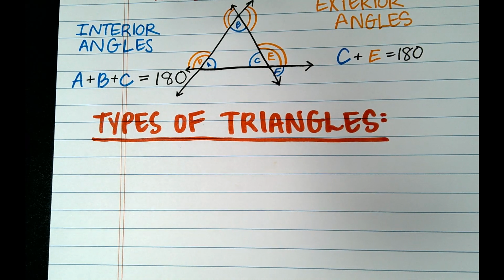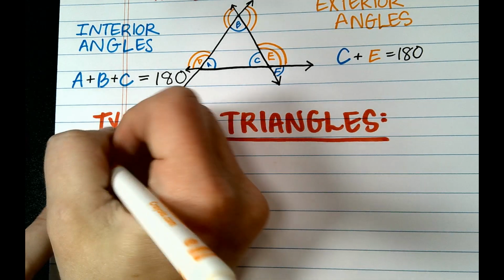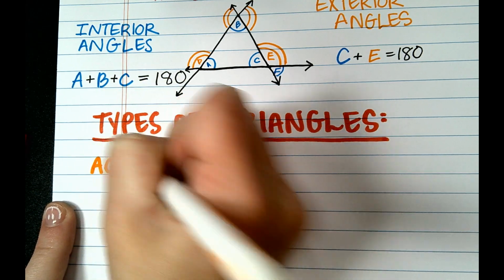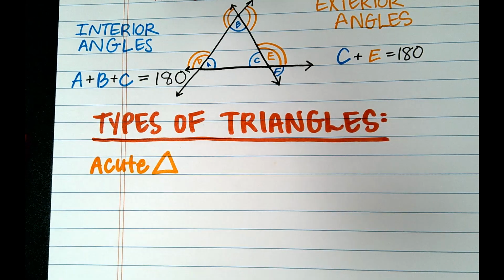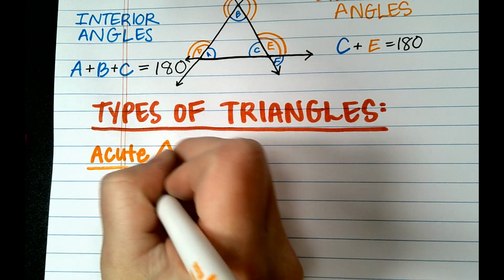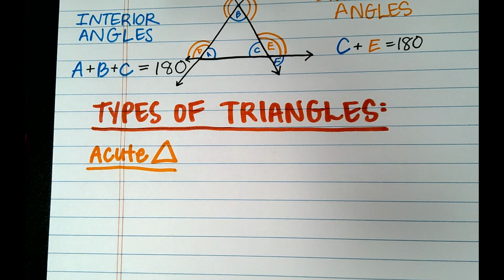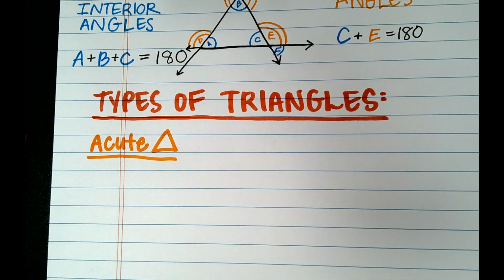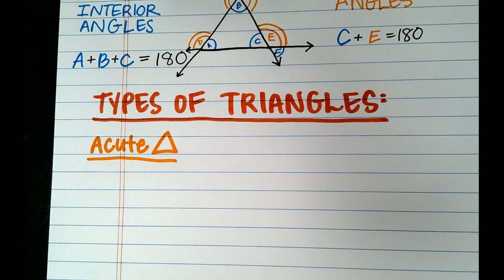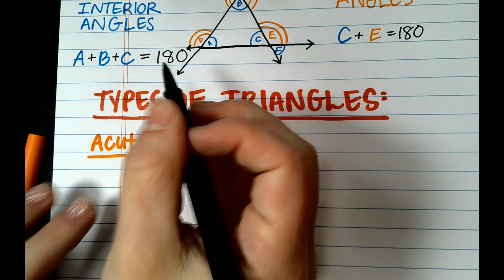We're going to start with acute triangle. An acute triangle has 3 acute angles. Every angle is less than 90 degrees. So let's write that.